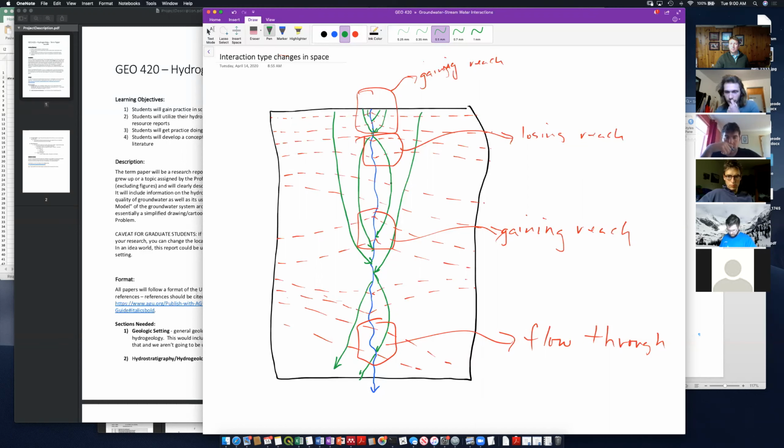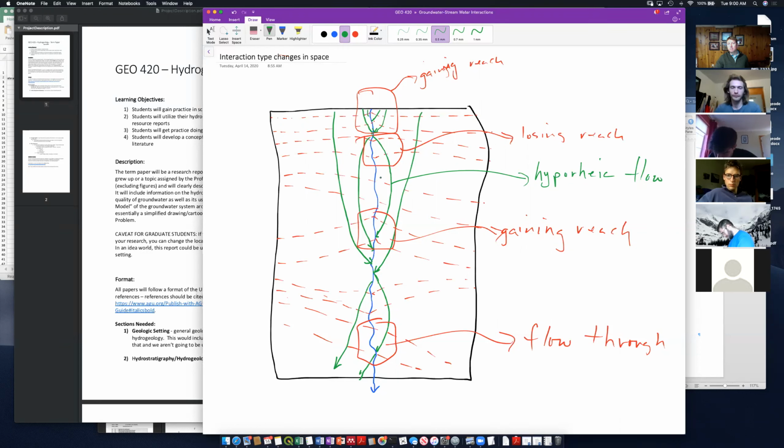In general, we're going to call this hyporheic flow, because I use the Poole definition of hyporheic flow: any water that was stream water and flows through the alluvial aquifer for whatever length and comes back into the stream is hyporheic flow.